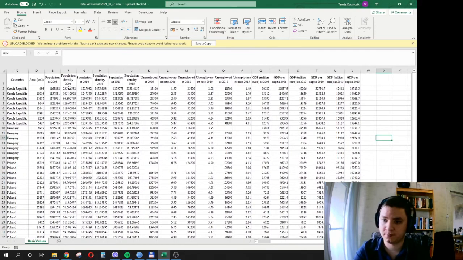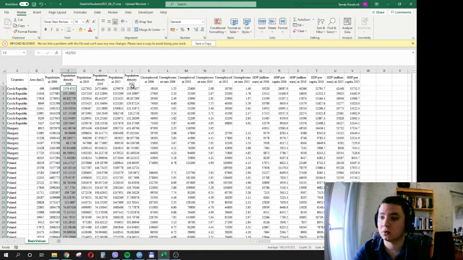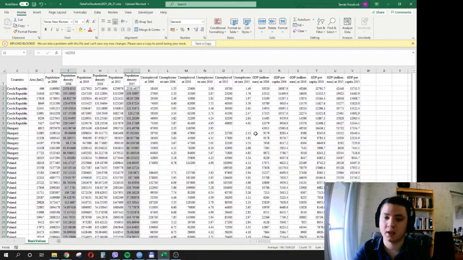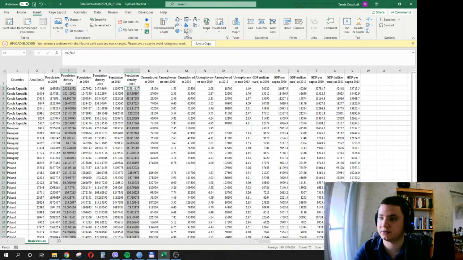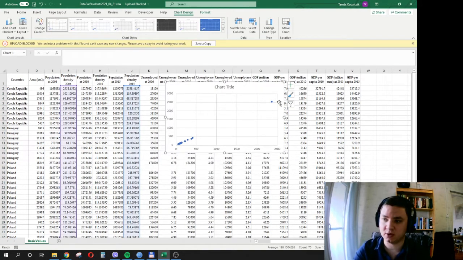First of all, we can calculate for the population density, similar to the correlation coefficients: insert chart, scatter plot. And here we go again.